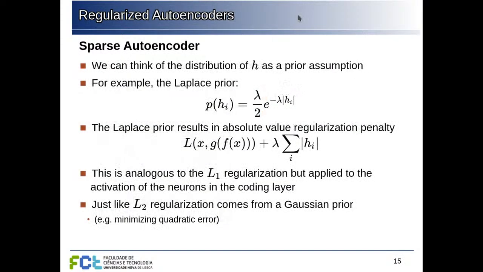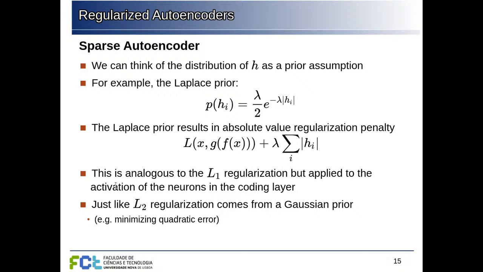Another way of thinking about this kind of regularized autoencoders, if we think about it in a Bayesian framework, is to imagine that we have some assumption about the prior probability distribution of the values. So we can think of the sparse autoencoder, having a small number of activations, as being equivalent to using the L1 regularization on the activation of the neuron.